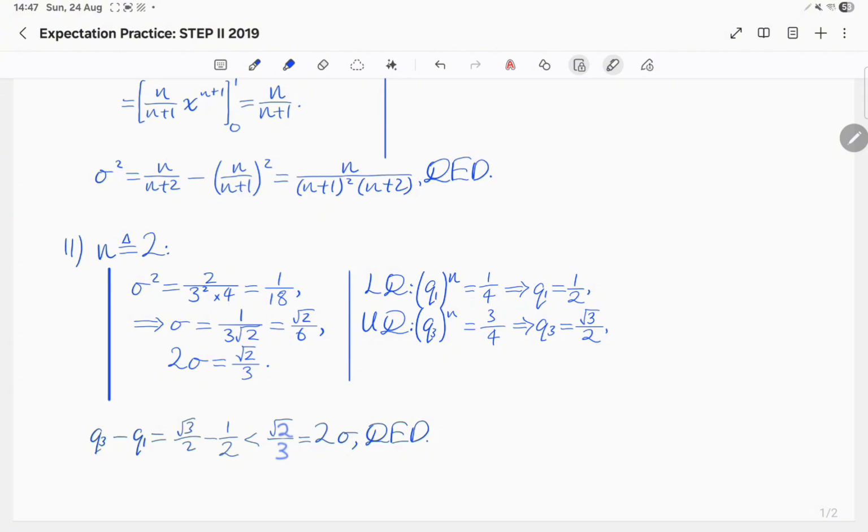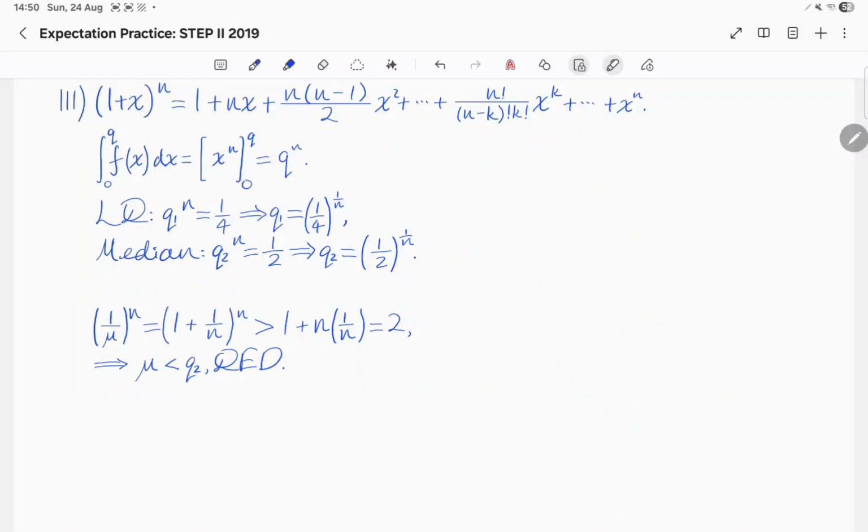On the right here, we can calculate the quartiles, and we'll find that Q1 to the n is equal to 1 quarter, and therefore Q1 is equal to 1 half. Similarly, Q3 is equal to root 3 over 2. Q3 take away Q1 is therefore root 3 over 2 take away 1 half, which is less than root 2 over 3, which is equal to 2 sigma, as required.